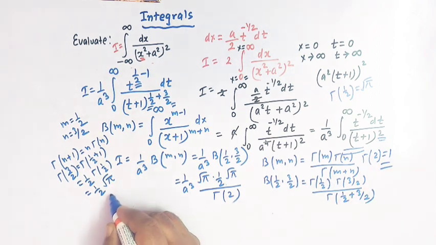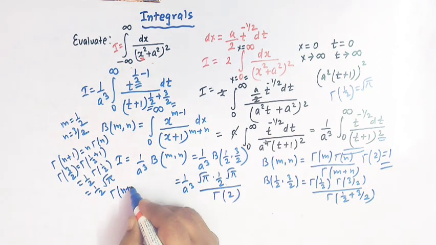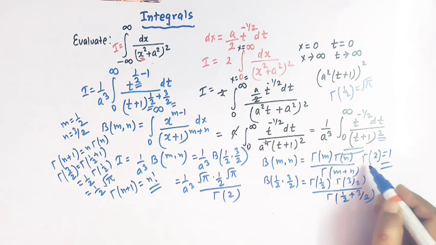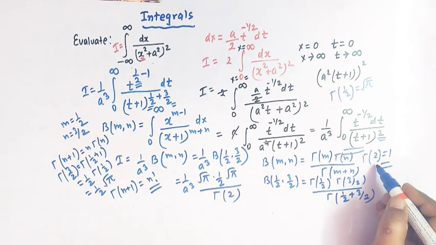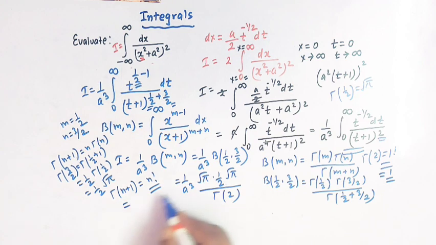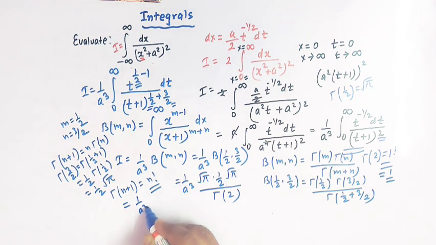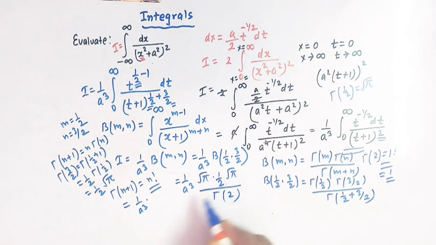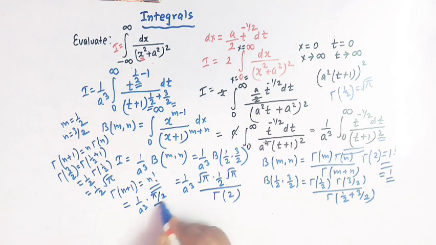Because we know that gamma of (n plus 1) is equal to n factorial, right? So gamma of 2 can be written as gamma of (1 plus 1), so that is 1 factorial, and 1 factorial is equal to 1, right? So now we have 1 over a cube, and this is half times the square root of pi times the square root of pi, so this is pi over 2, and gamma of 2 is 1, right?